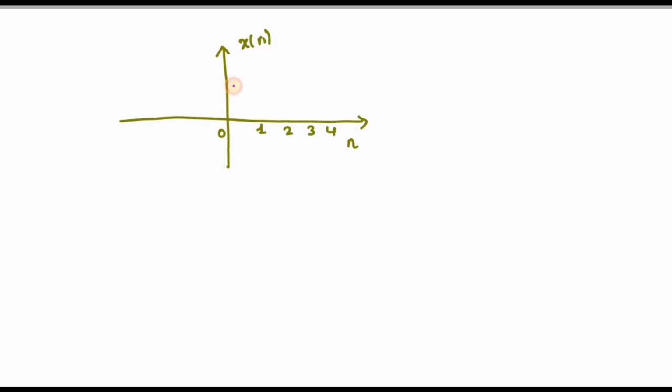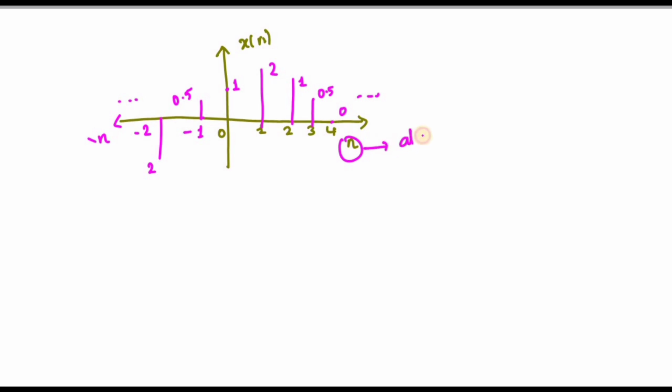The value at 0 might be anything; I can take the example as 1, 2, 1, etc. In a similar way, I can represent it at minus 1, minus 2, and minus 3. I can't predict the value at minus 1.5 or minus 2.5, because the n value is always an integer. So you have to note this down.